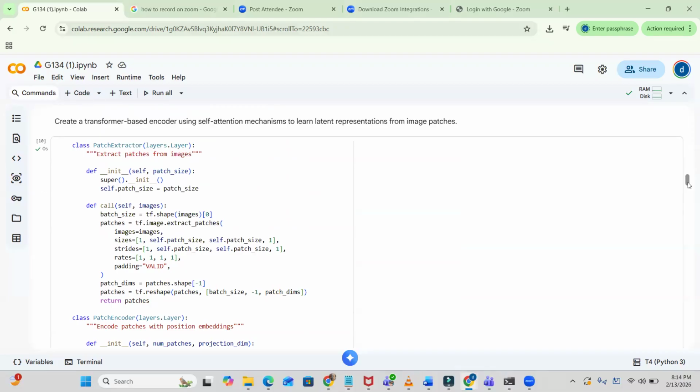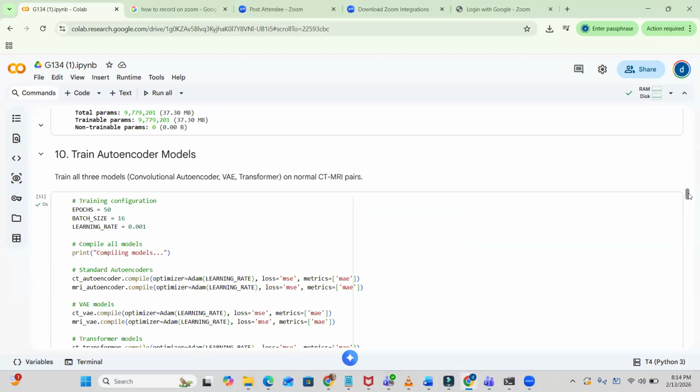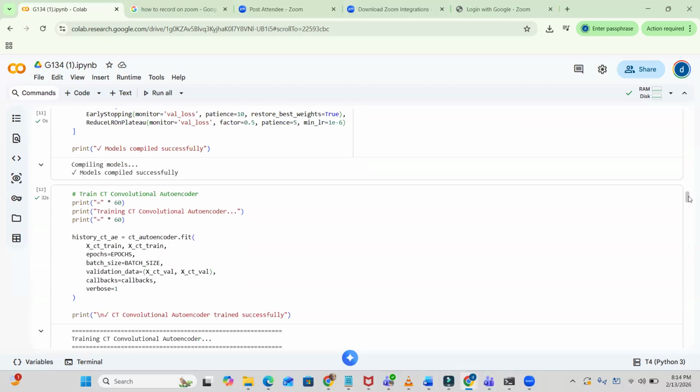Then we have these multi-head attention blocks, four heads in our case. What's cool is that every patch can attend to every other patch. So unlike CNNs with their limited receptive fields, transformers can capture relationships between distant brain regions in a single layer.